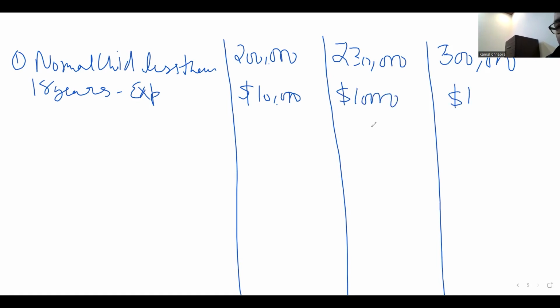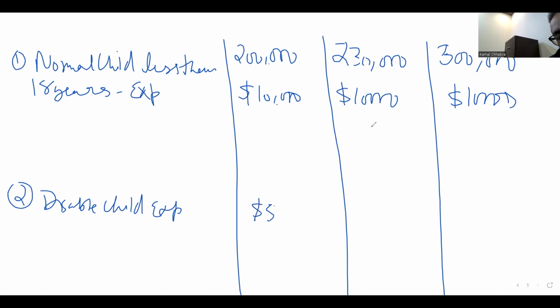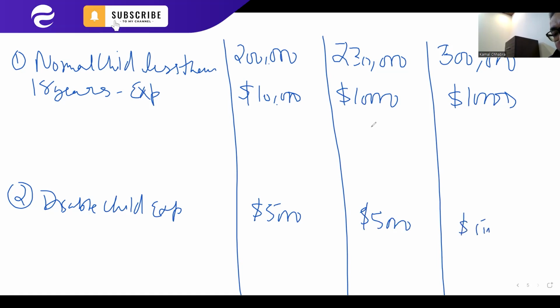The other situation you have is a disabled child, and the expense, let's say, you have incurred is $5,000. Right? So what will be the tax credit available for adoption of this child?